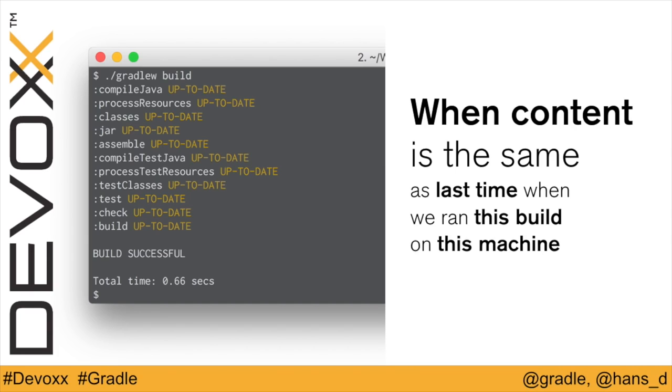And obviously it has to be on this machine. Output between machines is not shared, right? And very important, without clean. When you run a clean build, you don't have any up-to-date checking, right? Some people may say, well, that is why I do a clean build, right? But we talk about this later. It only works when you don't do a clean build.